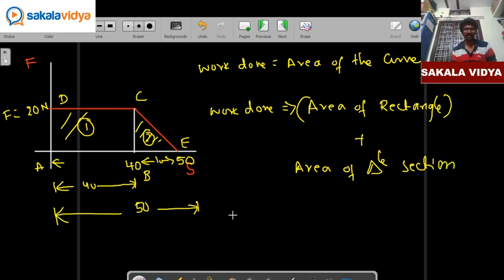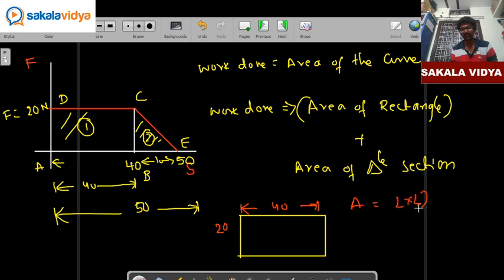For the rectangular section, force is 20 and the length is 40. The area of a rectangle is length into breadth, which means 20 into 40, so it is 800. Let us write this as equation 1.